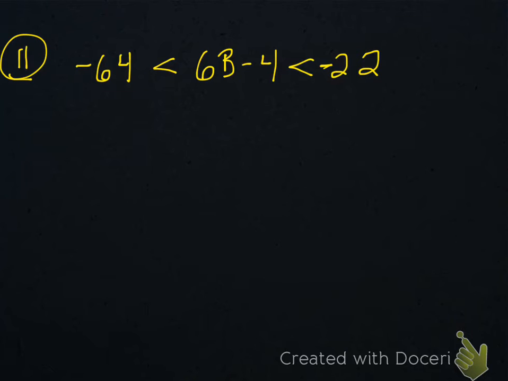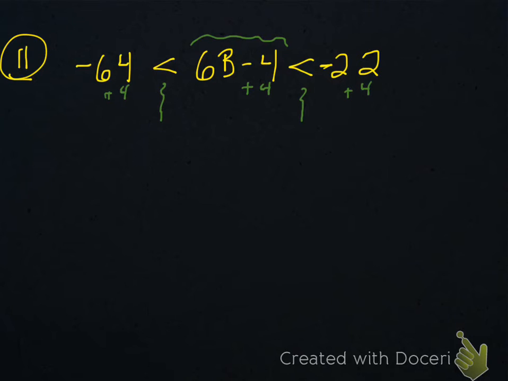Alright, now back to some easy problems. Working number 11. Number 11, I have 3 parts, something sandwiched in the middle. The middle part's what we're trying to solve. So we're going to add the 4 to all 3 pieces. It gets a little crazy, but that's okay.